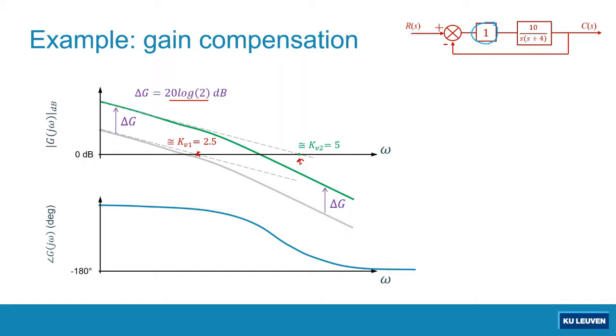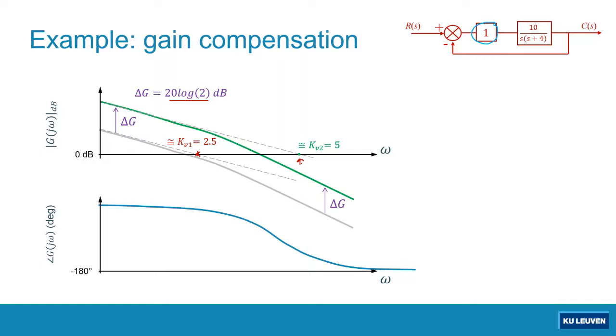If you plot it using MATLAB or any other tools, you will really see the value of the old KV and new KV. I probably did not draw it proportionally in this slide, but if you have a proper plot, you will see the static velocity error constant more precisely there.